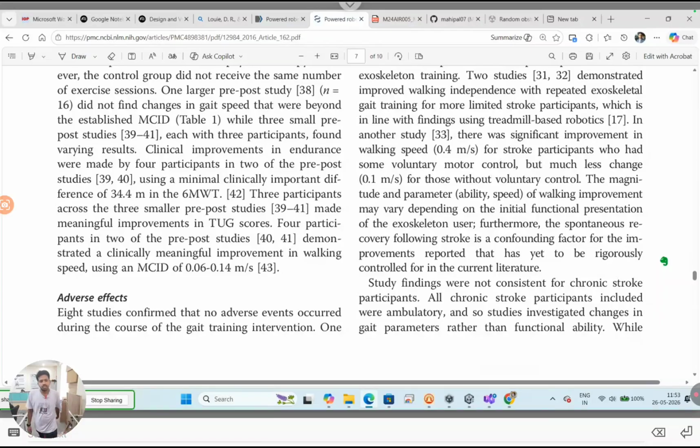Study findings were not consistent for chronic stroke participants. All the chronic stroke participants included were ambulatory, and so studies investigated changes in gait parameters rather than functional ability.